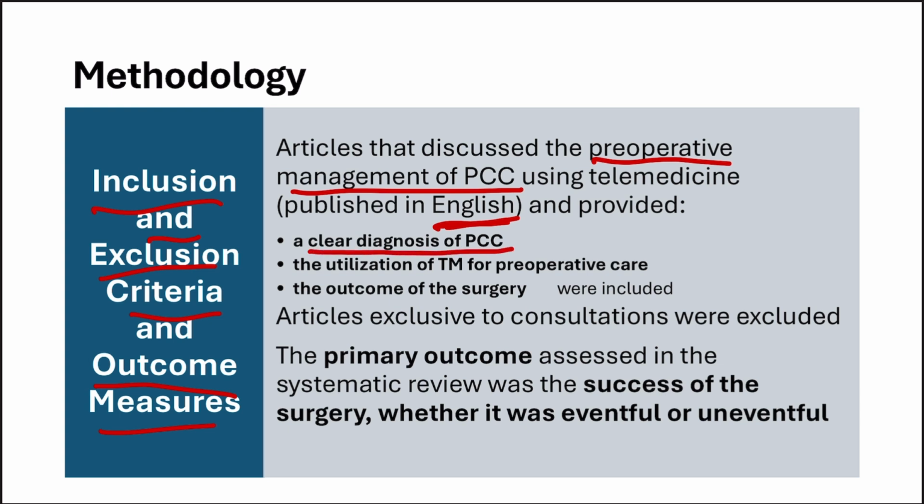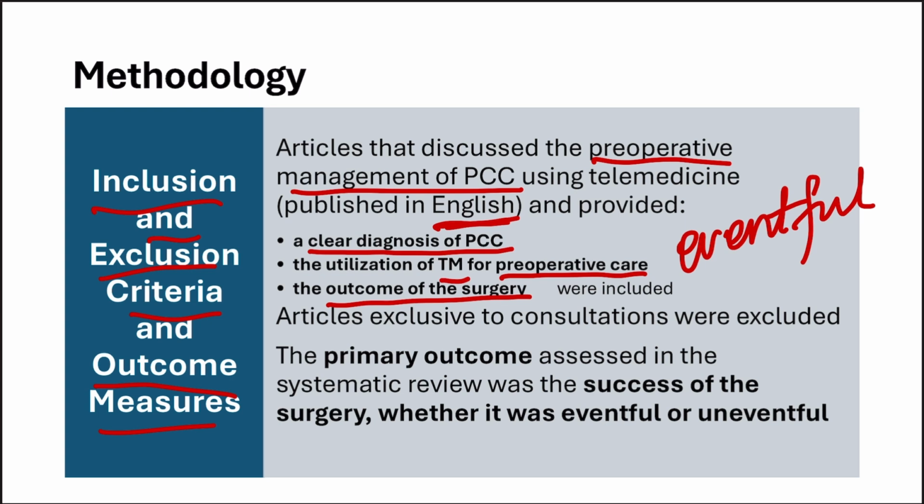If the patient is not diagnosed with pheochromocytoma, we will not select that article. Then there should be utilization of telemedicine for the preoperative care of pheochromocytoma, and the outcome of the surgery, that is the resection of the pheochromocytoma done later on, whether it was eventful or uneventful. Eventful means there were some complications, and uneventful means there were no complications following the surgery. So it means the preoperative management is better.